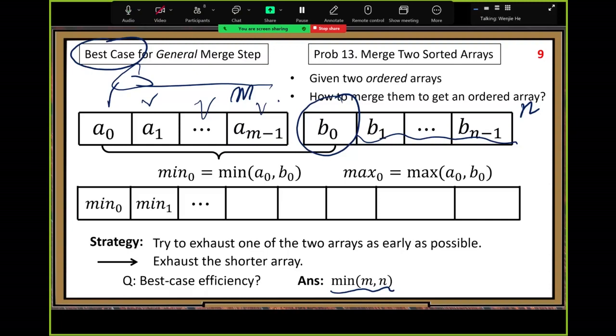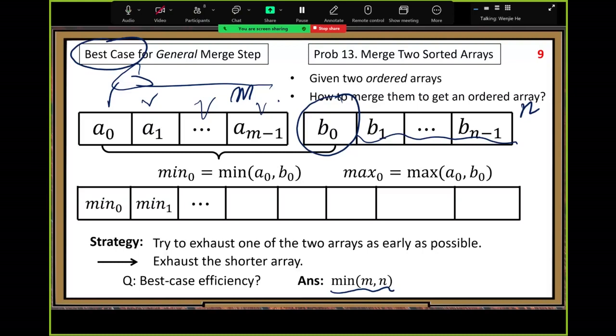After that, the remaining elements in the other subarray must be in place automatically without any comparison. So you only need the minimum of m and n comparisons. That's the best case.